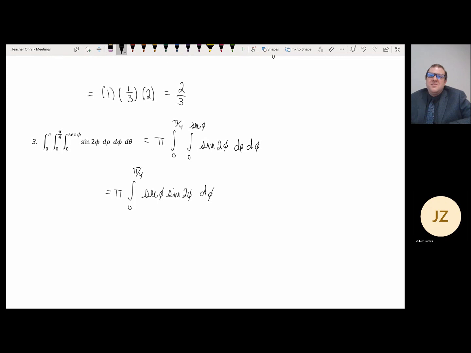Not squareds. Sine phi times cosine phi: the double angle identity for sine. Sine of 2x is 2 times cosine times sine.